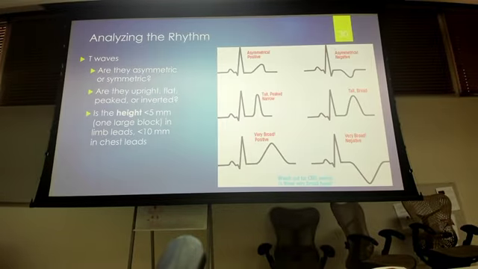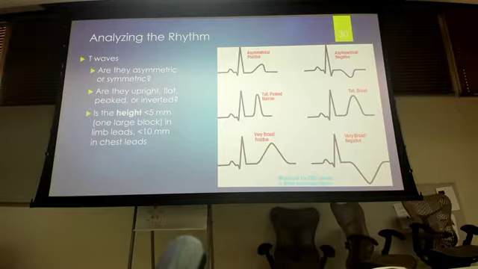Now, I want to point out something here. So let's look at this one. When I talk about the QRS complex being more positive or more negative, this is abnormal because our QRS complex is more positive than it is negative, right? Our R goes up above baseline more than our S wave goes deep.